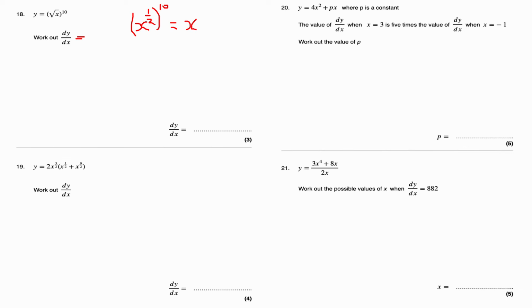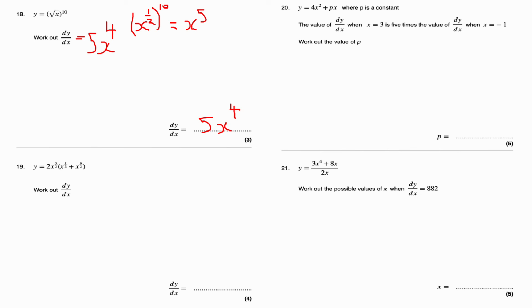So a half times 10 goes to 5. Find dy by dx. Well, it becomes 5x to the 4. Differentiating x to the 5 becomes 5x to the 4. So hopefully it's making sense so far.